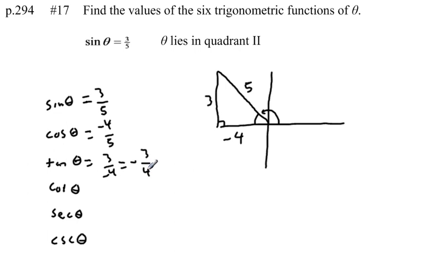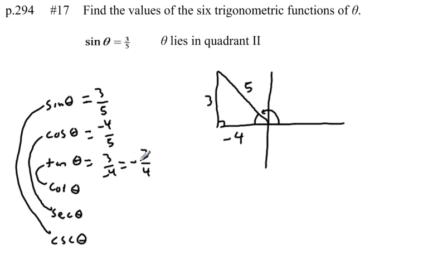Either way is okay. Okay, now these next 3, cotangent, secant, and cosecant, we can get these because each of these is the reciprocal of one of the previous 3 trig functions. I like to match them up this way because tangent and cotangent are reciprocals, cosine and secant are reciprocals, and sine and cosecant are reciprocals.